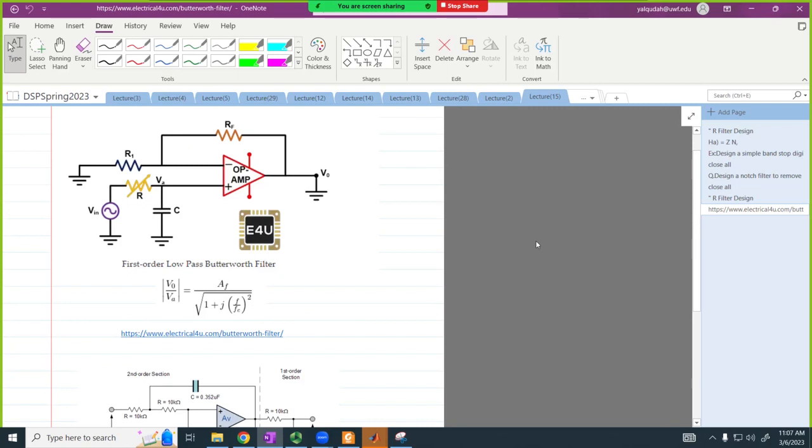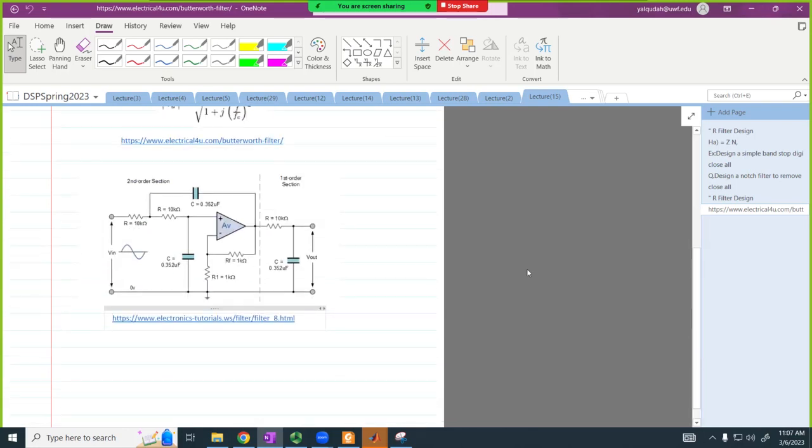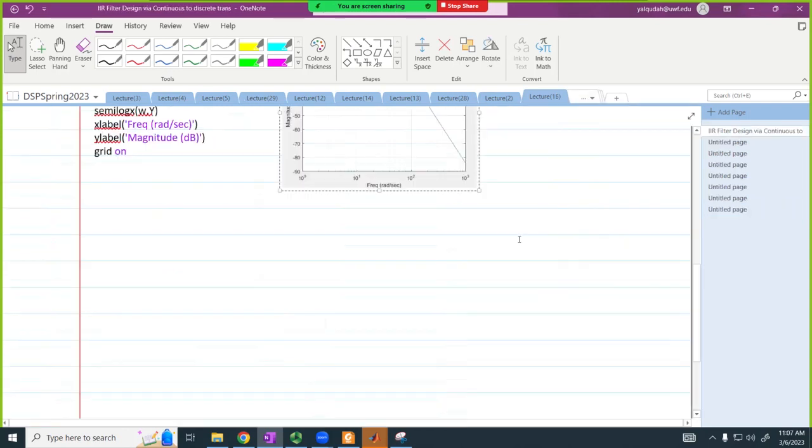Here is a first order low pass Butterworth filter, and here is a second order Butterworth low pass filter. Now what we're going to be doing is designing this filter, but in the discrete time domain. So let's look at the properties of the Butterworth filter.